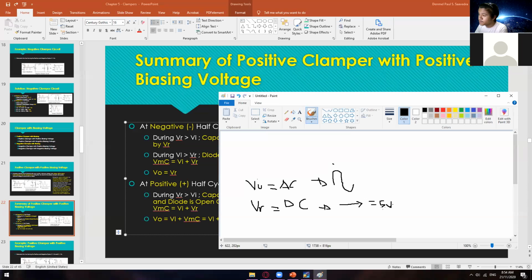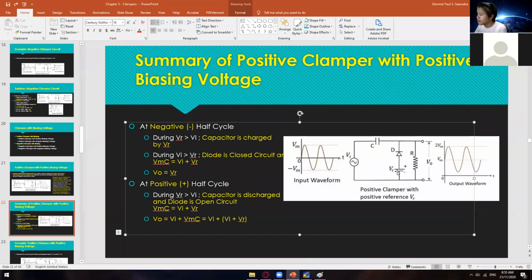There are times wherein V sub R is greater than V sub I. What is that part? In this case, V sub R is greater during 0 to positive 4 volts of V sub I, because as you can see, this is 0, 1, 2, 3, 4 before it reaches the peak voltage, which is positive 5. During that part, V sub R is greater than V sub I, so V sub R is completely dominating this loop.